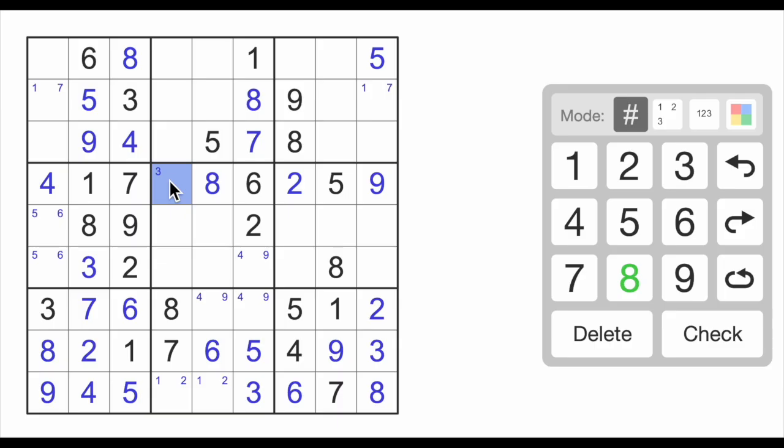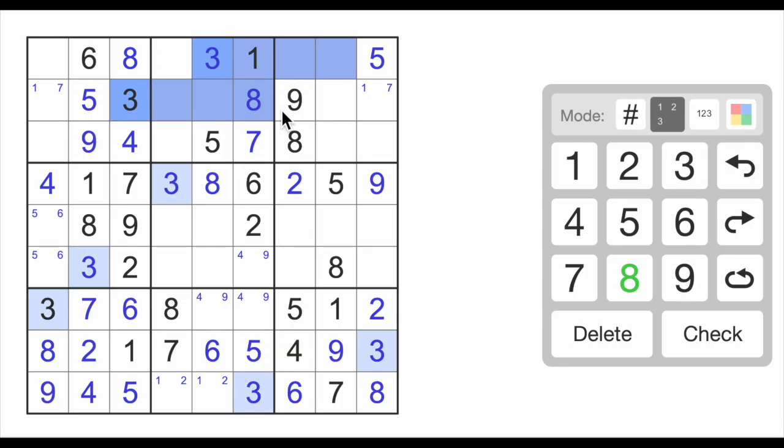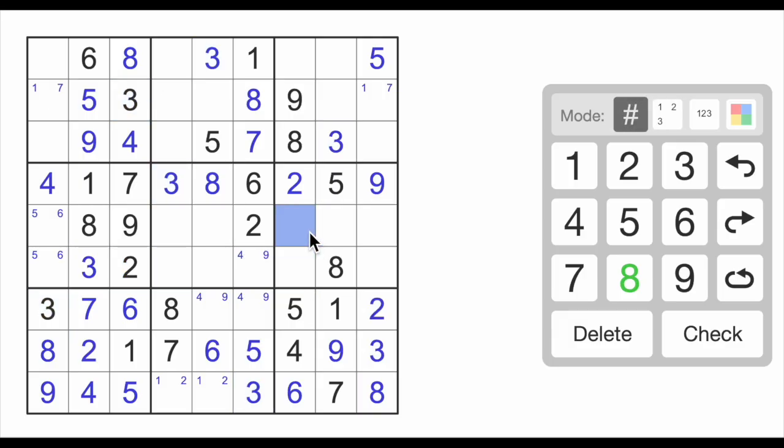This will be 3. And now 3 and 3 block like this gives me 3 here. That gives me 3 in box 3. Because of these 3's, 3 will be here. 3, 3, 3 gives me 3 in box 6 here.